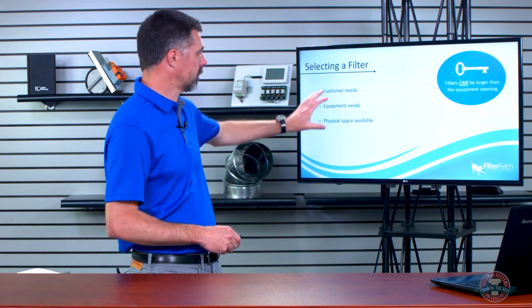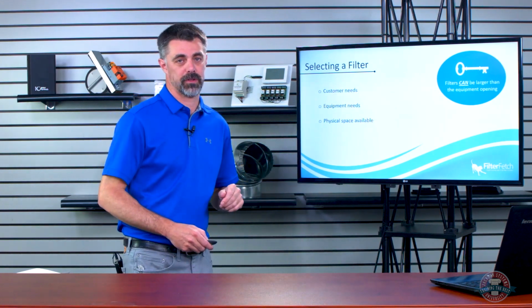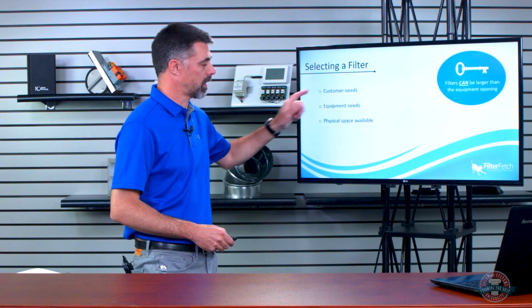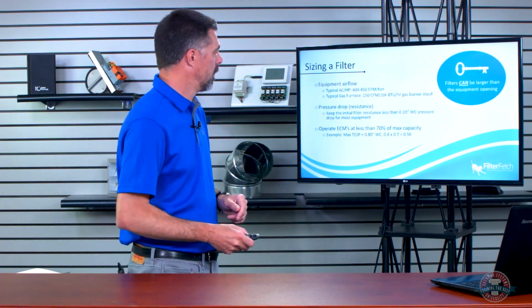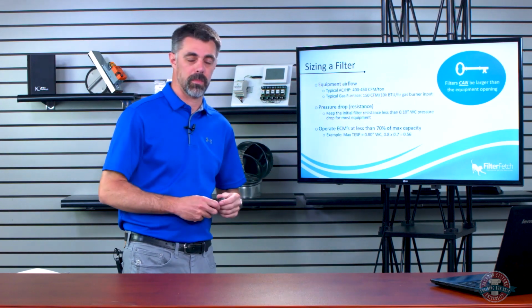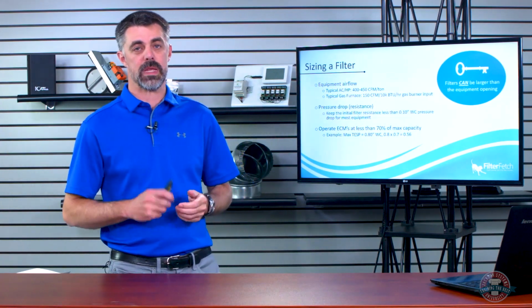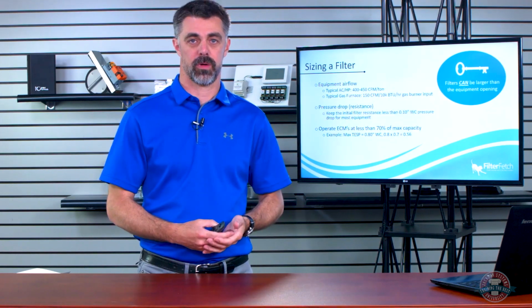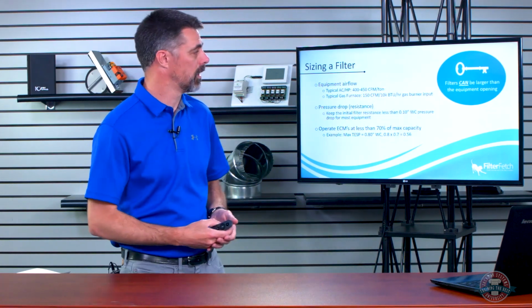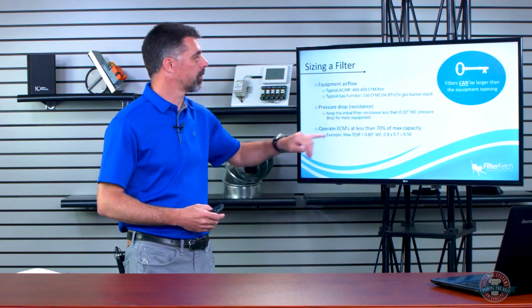Okay, so that's the first step in selecting a filter. You've got to know those three things. Now, this is a big thing on selecting a filter. We need to know how much air is required to go through the equipment. Right. Let me put a couple of rules on here for you.